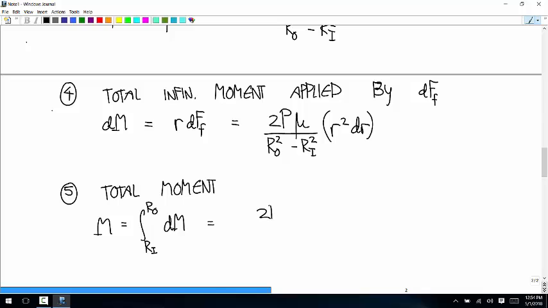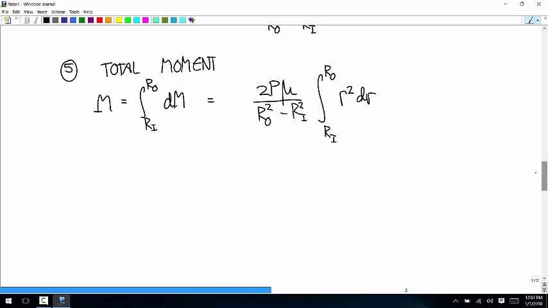So that's 2P mu over r outer squared minus r inner squared times the integral from r inner to r outer of r squared dr. If you take this integral, you get r to the third over 3.